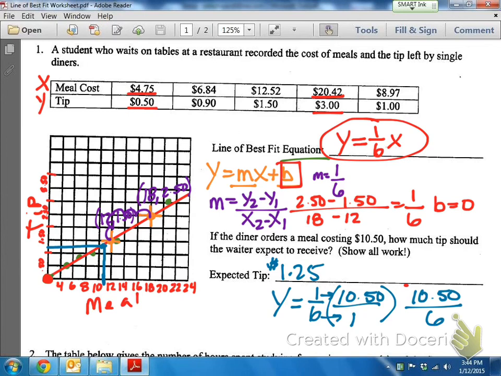And again, if we had our calculator out, 1050 divided by 6 would give you 1.75. So again, the equation is obviously a lot better because it's a lot more exact. But looking at the graph, it'd be somewhere around, again, that actually sounds pretty accurate, so 1.75. So anyway, that is how you find the line of best fit, the equation, and then you use it to make predictions.